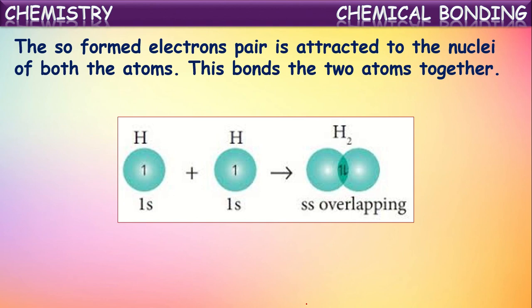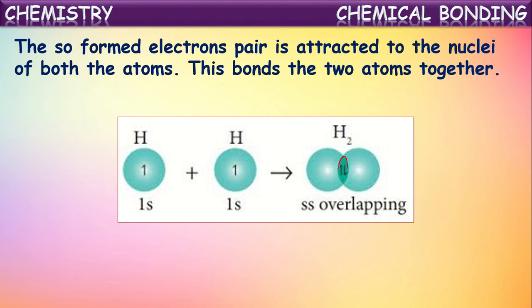See here, individually, both the hydrogen atoms have single electrons in their s orbitals. When these two hydrogen atoms approach each other and come to a certain closer distance, the s orbital of one hydrogen containing a single electron merges or overlaps with the s orbital of the other hydrogen containing a single electron, so that the electrons will be paired, one with clockwise spin, another with anti-clockwise spin.